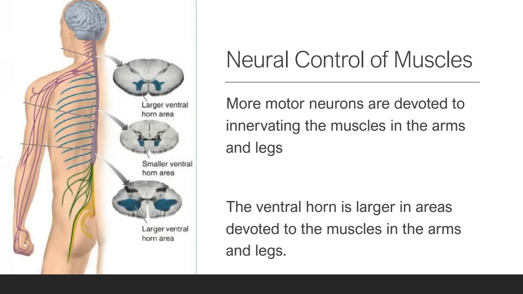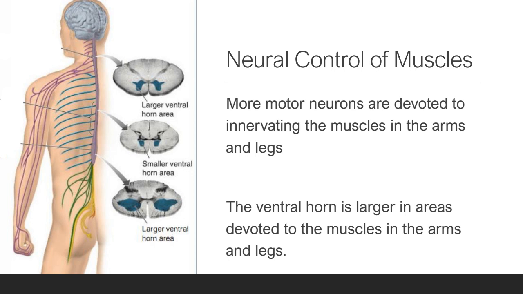So the contraction of skeletal muscles is directly controlled by motor neurons that originate in the spinal cord or in those cranial nerves in the brainstem. So skeletal muscles are not evenly distributed throughout the body.